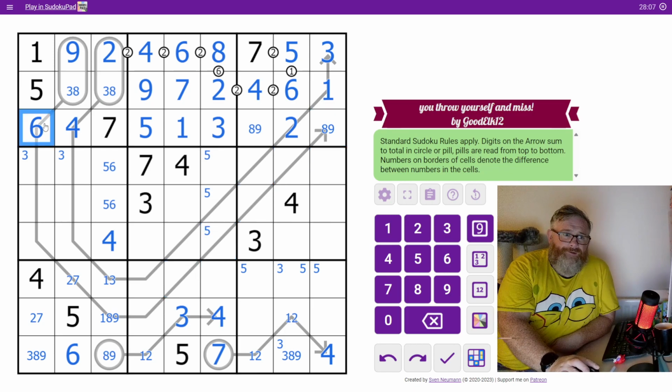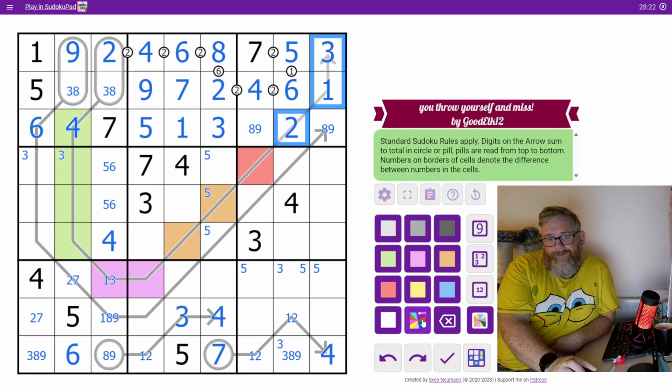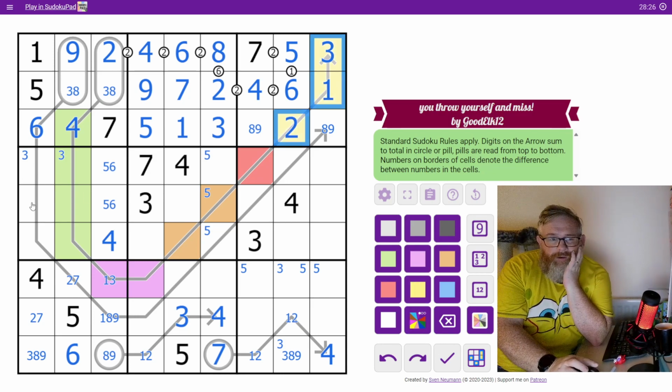Now, nice thing to do here is to consider this. That these cells see each other, and therefore they've got to have different numbers in them.